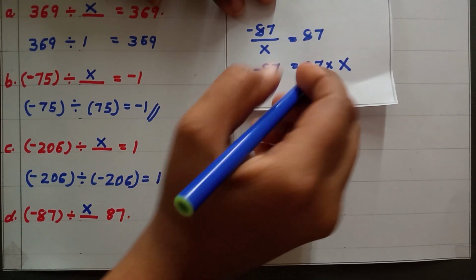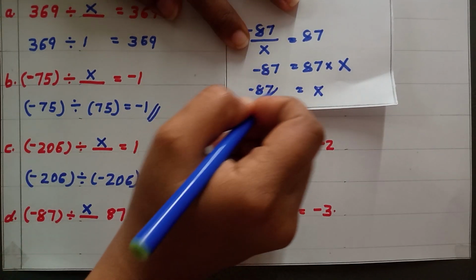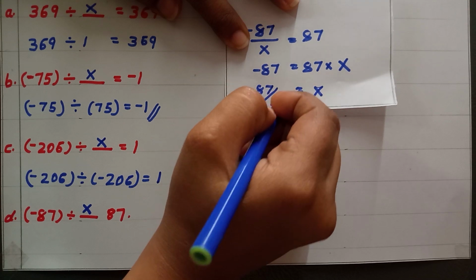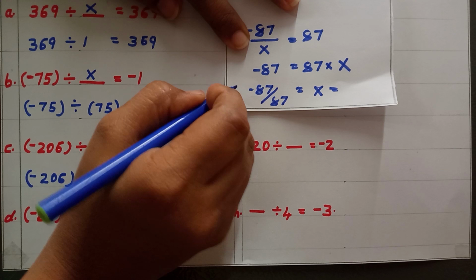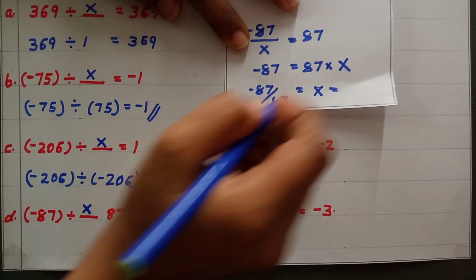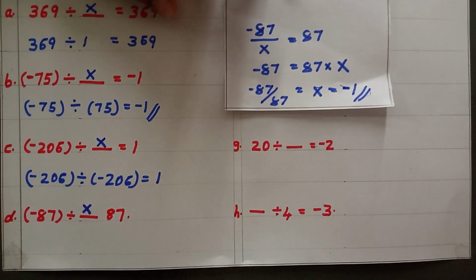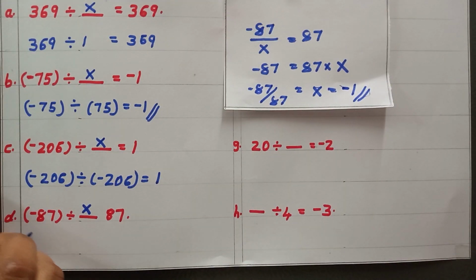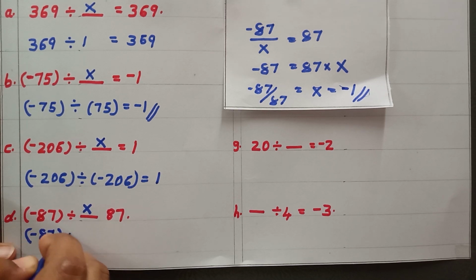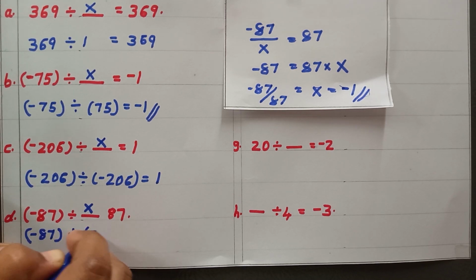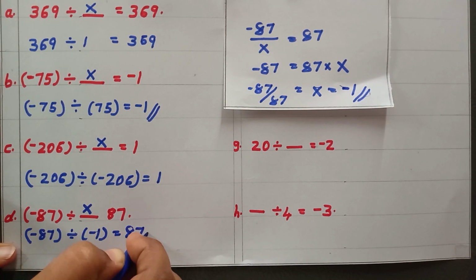Let this x be there itself, equal to x, minus 87 divided by 87. Then 87 divided by 87, 1, minus divided by plus, minus. So minus 1 is the value of x. So writing down minus 87 divided by minus 1 equal to 87.